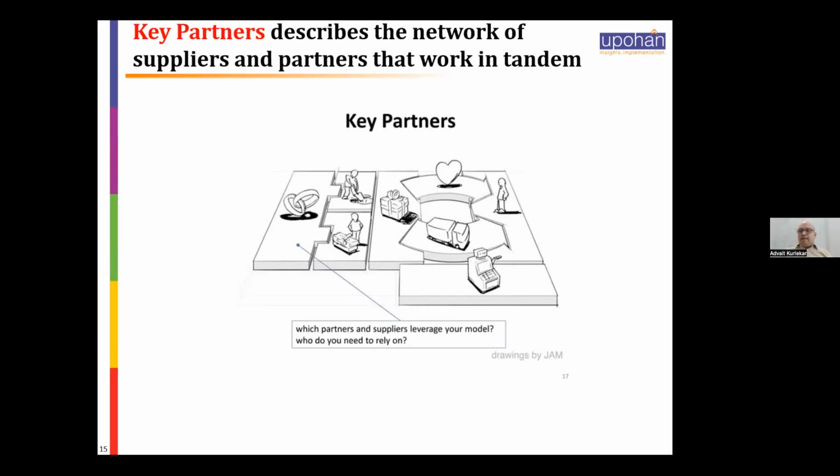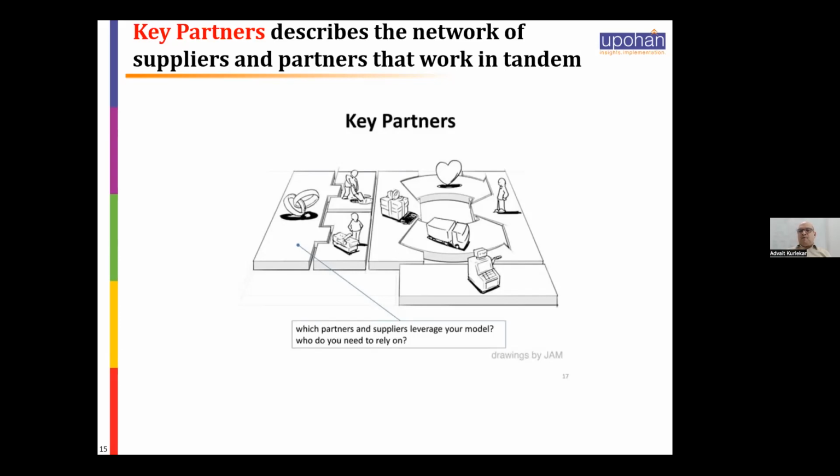So you need to be very clear what are the different kinds of partners that you need to help you do all the variety of activities that you've thought of. Some of them you'll do, some of them outsource. You will need key resources to do that so that you can deliver the value that you have identified to the segments that you've identified, maintain that relationship, and all in all, of course, generate revenues.